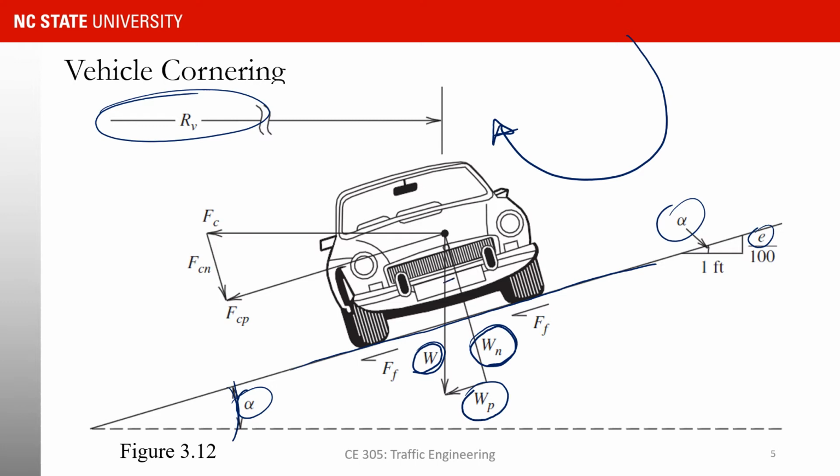We know that this angle is also alpha, right? So Wn is equal to W into cosine of alpha. Wp is equal to W into sine alpha.